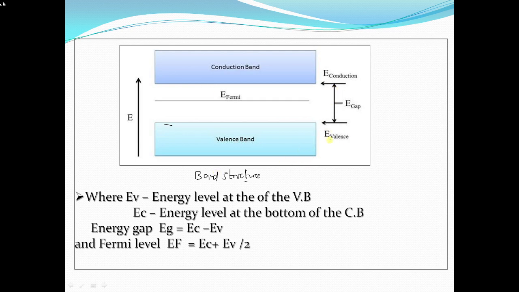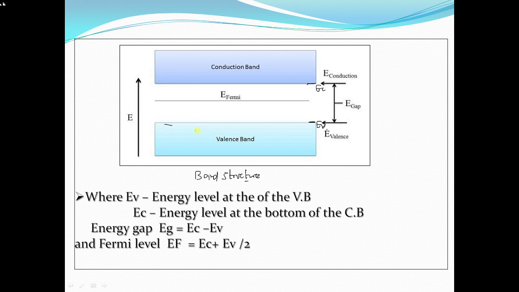Now EV is the energy level at the top of the valency band. EC is the energy level at the bottom of the conduction band. So the gap between the valency band and the conduction band is called the energy gap or forbidden energy gap.